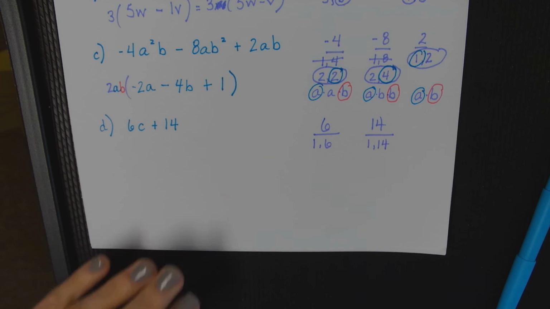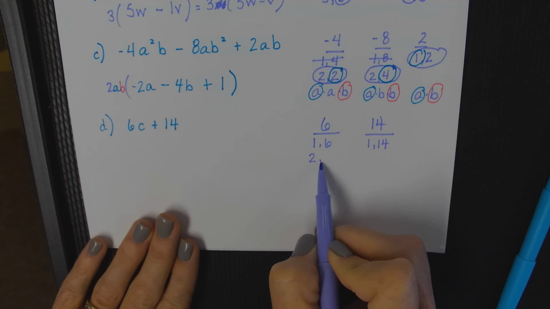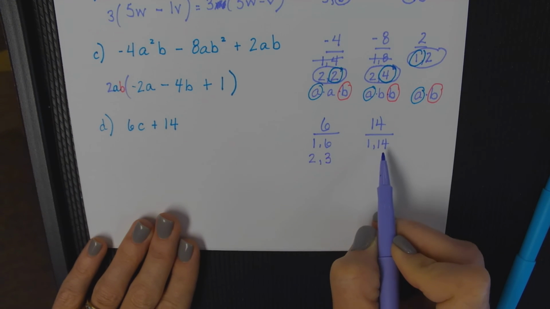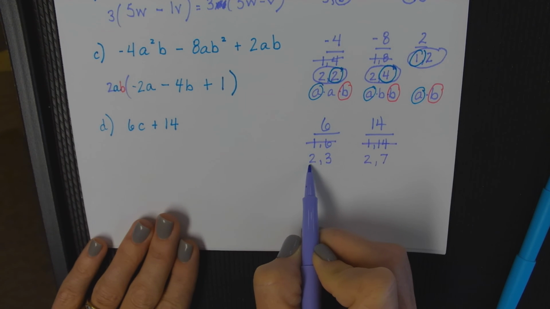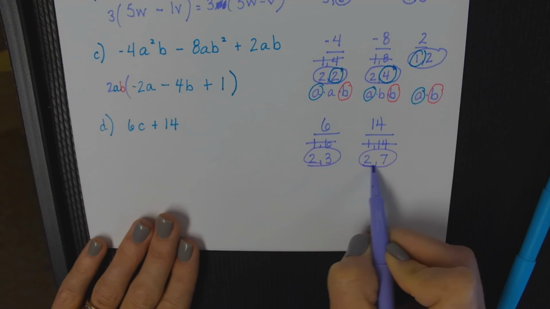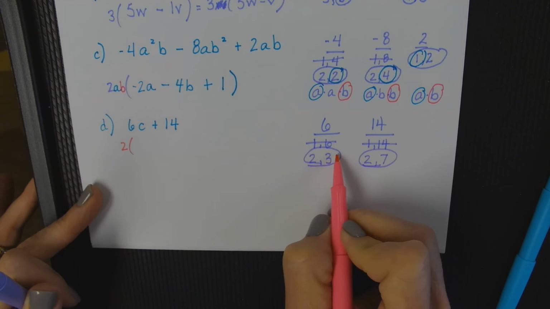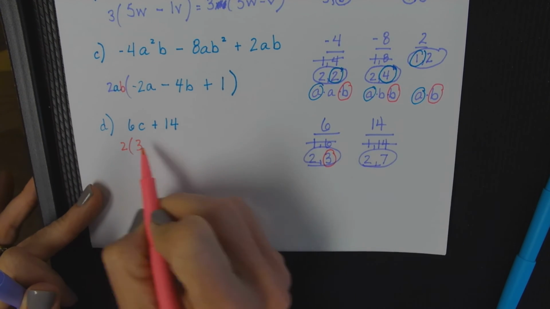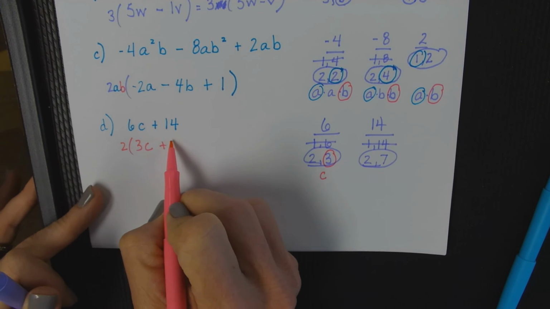Let's just go ahead and write 1. Factors of 6, 1 and 6, and obviously 2 and 3. 14 is 2 and 7. So, what is our greatest common factor? 2 and 2. Okay, so let's factor out a 2. What is left? 3C plus 7.